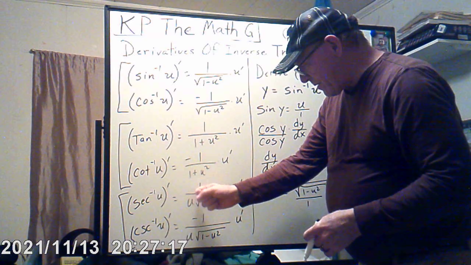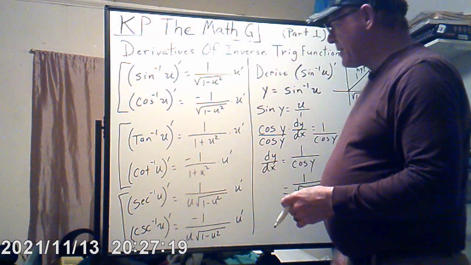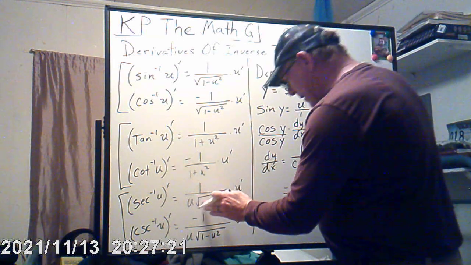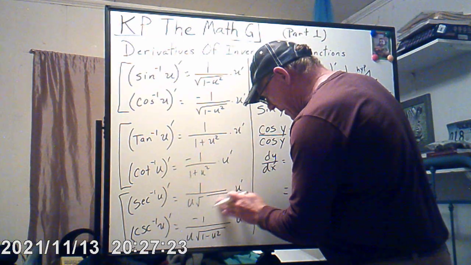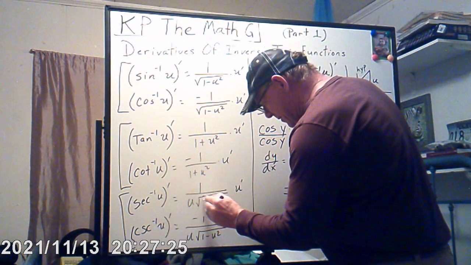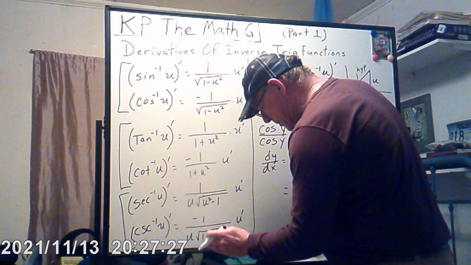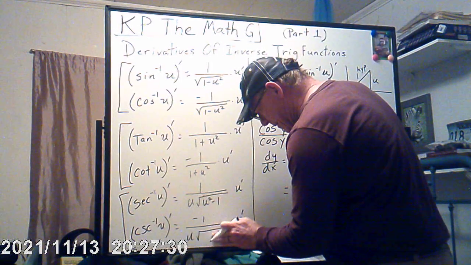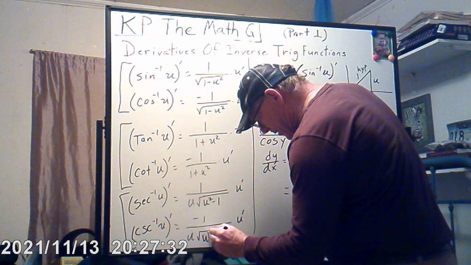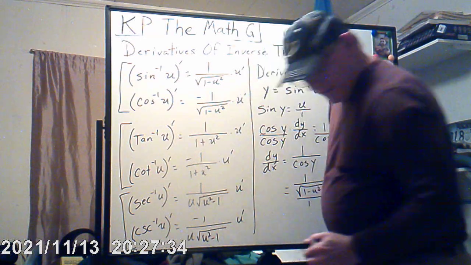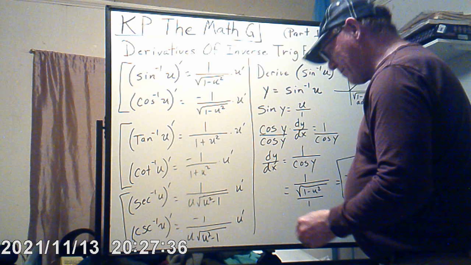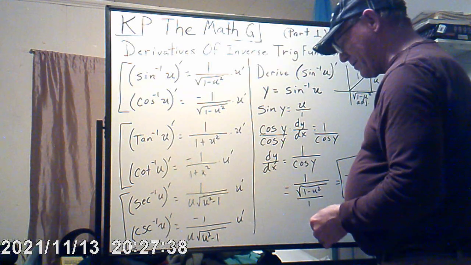Secant is the 1 over u, and then that is incorrect. This is going to be u squared minus 1, and not the other way around. It's u squared minus 1. Okay. I'm sorry, I just miswrote that.